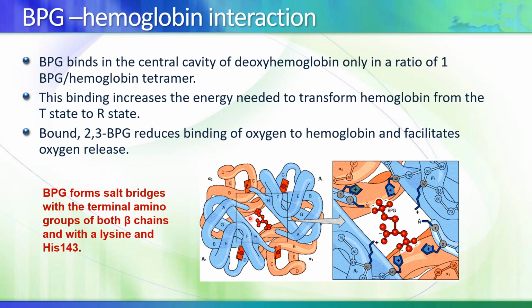So what happens is that when oxygen binds to heme, there is sort of like resistance in changing hemoglobin from T to R. Okay, eventually what happens is that the bisphosphoglycerate is kicked out. It gets released from the hemoglobin molecule, and the protein changes from T to R state.